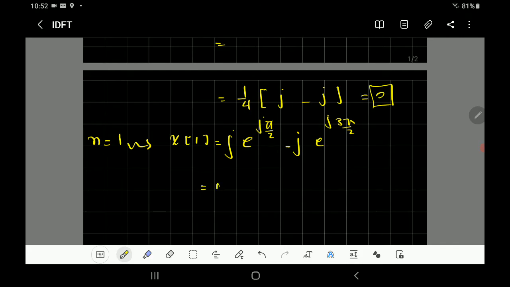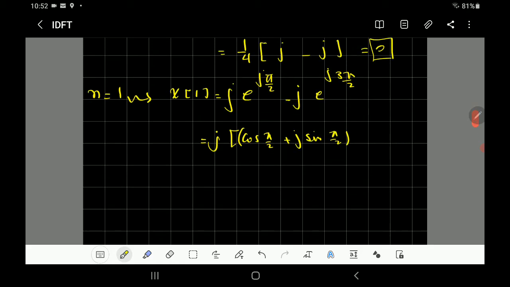Now j e to the power of j pi over 2 is cosine pi over 2 plus j sine pi over 2, minus j times cosine 3 pi over 2 plus j sine 3 pi over 2.